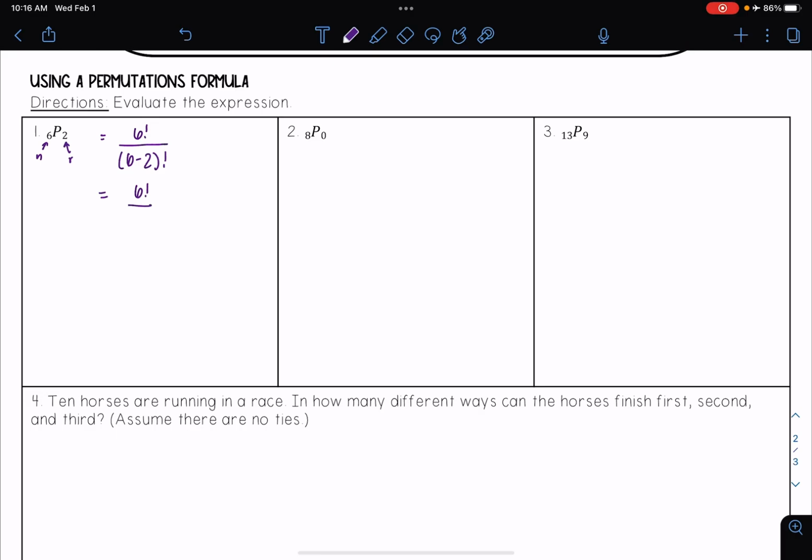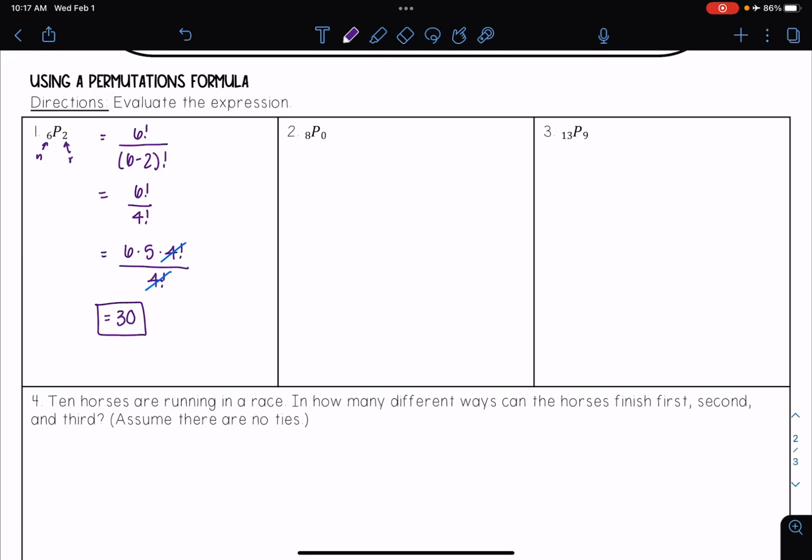So I get 6 factorial over 4 factorial. Now I'm going to expand out that 6 factorial because I know there's a 4 factorial hidden in there. This becomes 6 times 5 times 4 factorial divided by 4 factorial. My 4 factorials cancel out, and I'm left with 6 times 5, which is equal to 30.